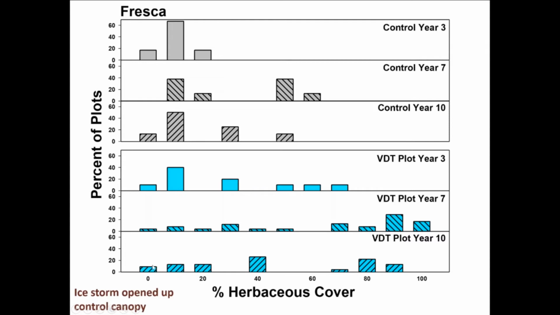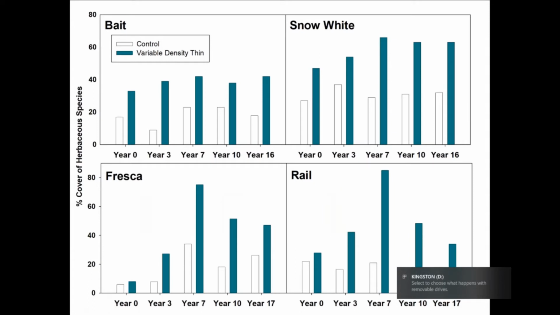Whereas in the variable density thinning, we created a wider range of overstory conditions, and that clearly resulted in a very wide range of understory conditions. So we still have some that have this very low cover, just like in the control plot, and these would be areas that came from the skips, but then we have the thinned areas and the gaps.